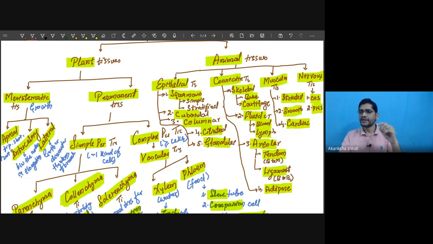The next is more than one layer over another, forming a bit thicker protective layer or skin, that is called stratified squamous. Like our inner lining consists of simple squamous, which is very thin, but our outer skin boundary consists of a very thick one.